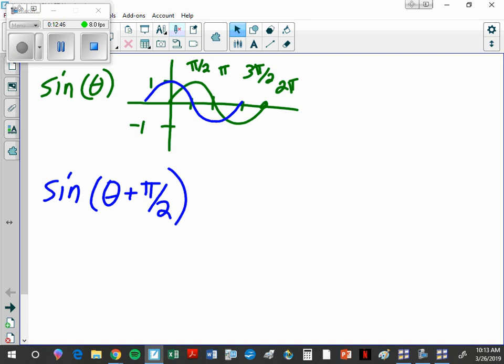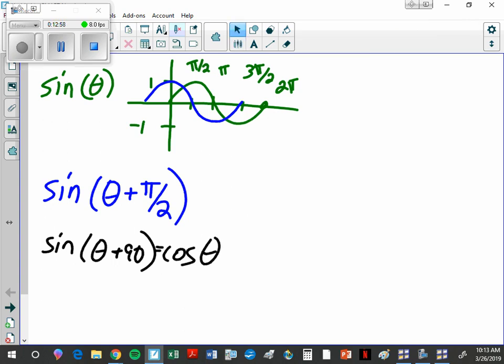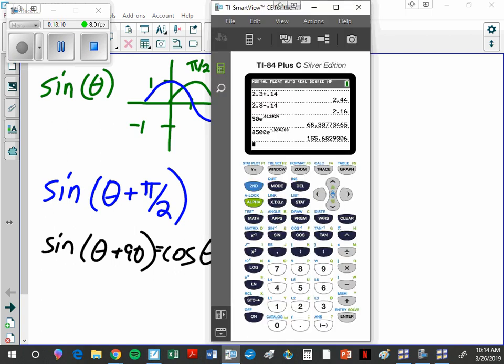So the sine of, let me do it in degrees, the sine of theta plus 90 is equal to the cosine of theta. So watch this. Oh, I need to move my calculator over. If I typed in the cosine of, say, 85, I get 0.087.